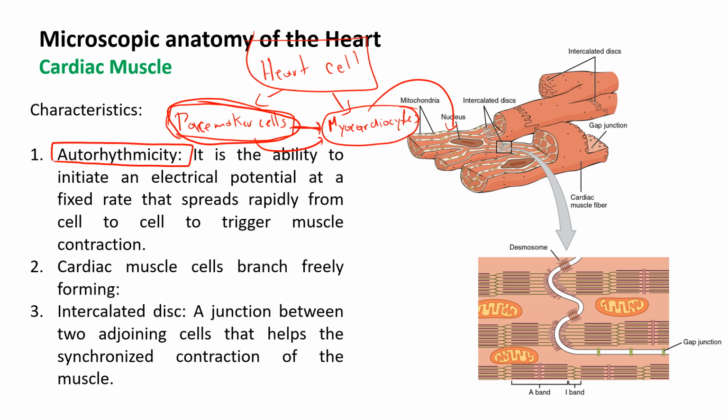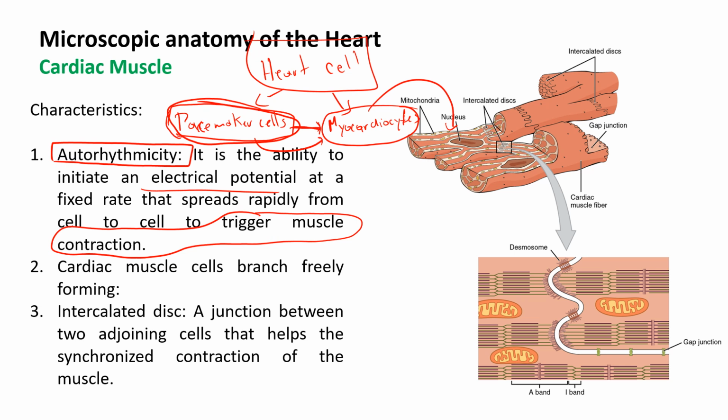The autorhythmicity is the ability to initiate an electrical potential, or in this case, an action potential, that will trigger muscle contraction. That is one of the features of the heart. What else is important about the heart?